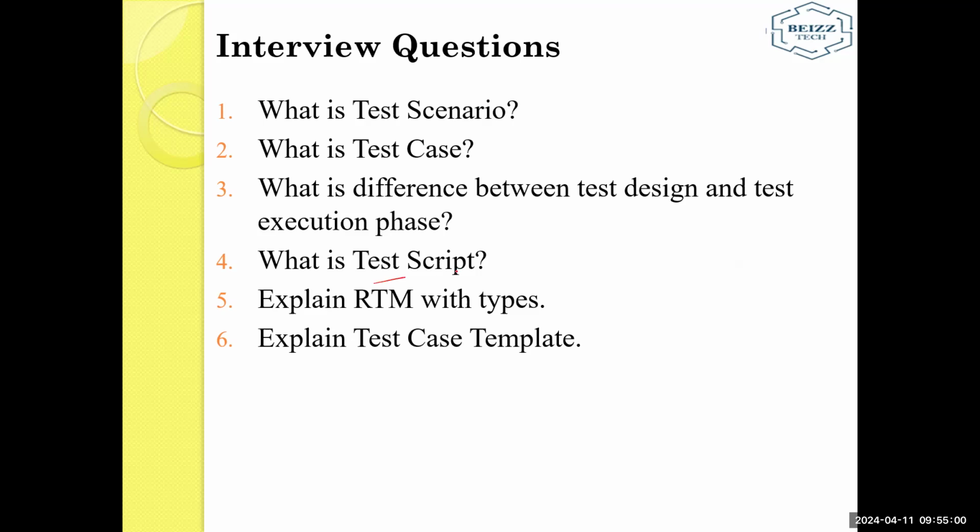What is a script? Whenever we convert the whole procedure in the form of code, it becomes a script. This is a part of automation, where we will understand how to design our script. So everybody, the point is clear. Okay, this is how you need to understand.